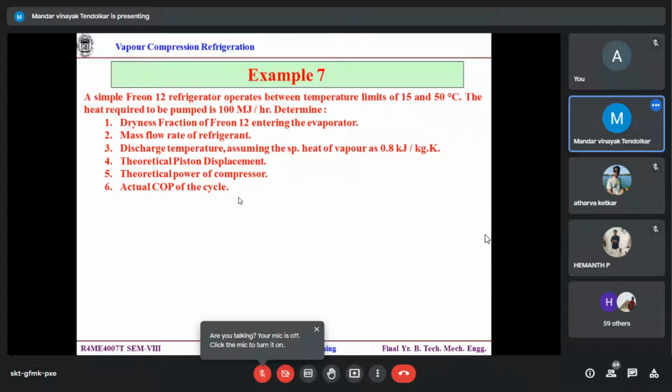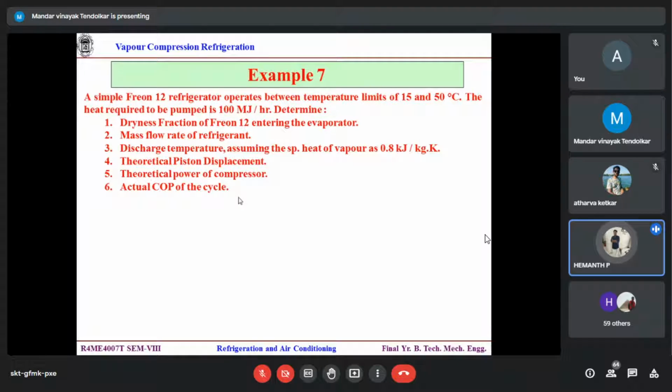The heat required to be pumped is 100 megajoule per hour. What is this? Heat required to be pumped means what? Evaporator absorbed, or condenser rejected? It is condenser rejected. Why?